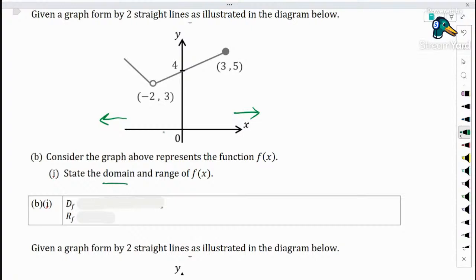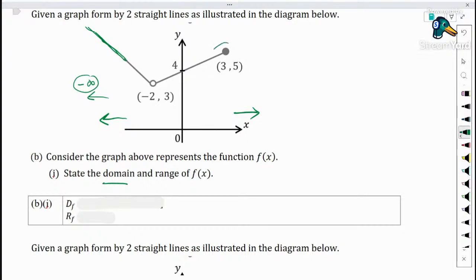So I find out that by the time I extend the graph, this part here I can extend. If I extend it, you find out that it can extend infinitely. In the view of moving horizontally, it can extend infinitely to the left, so it will go all the way to negative infinity.